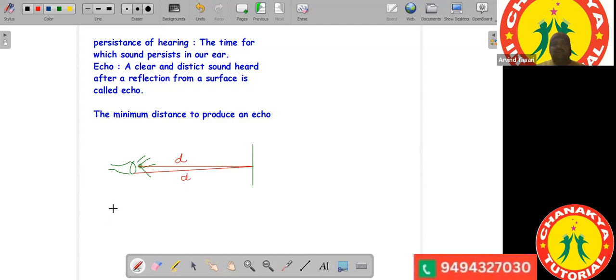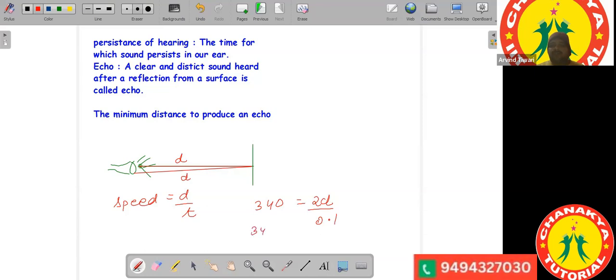Fine. So the speed of that sound, if I use the formula, speed equals distance by time, right? So speed is 340 equal to distance, that is 2d, and time taken should be more than 0.1 second. Just solve this.